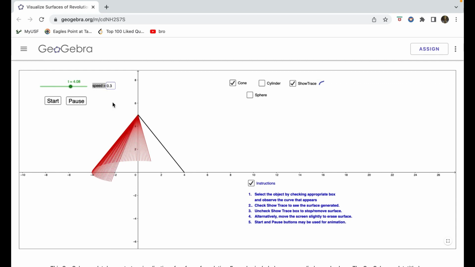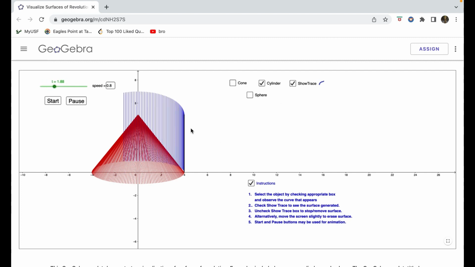I can just increase the speed so it goes faster. Yes, here we can see how the cone is beautifully generated. Similarly, we can see a cylinder. A cylinder is the same: it's a straight line which is revolved around the axis of revolution, which is perpendicular to the base.